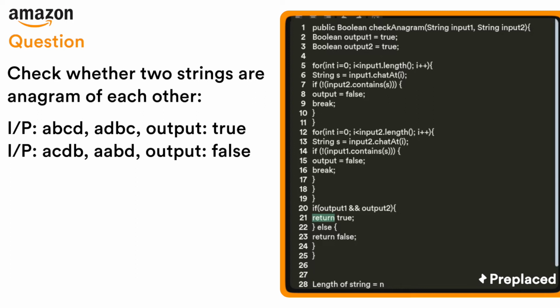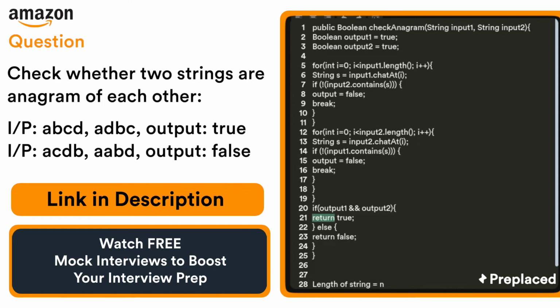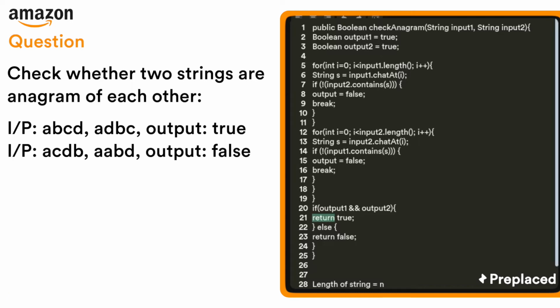Why is it true? Because all the characters are present in both the sets. A, B, C, D are the unique characters. No, the characters in the other one should match. If there is one C here, there should be one C there. If there are two C's, there should be two C's. Oh, the number of characters should also match. Right, this condition will fail. I wasn't aware of that.